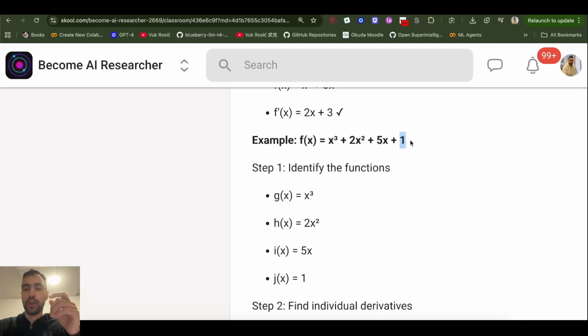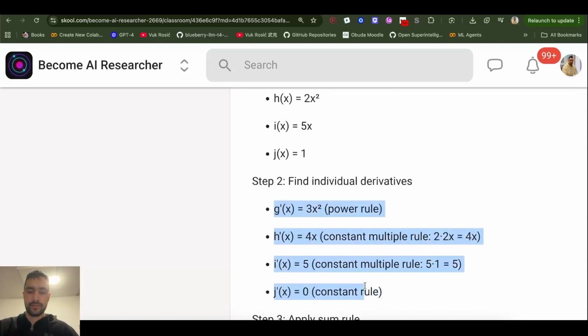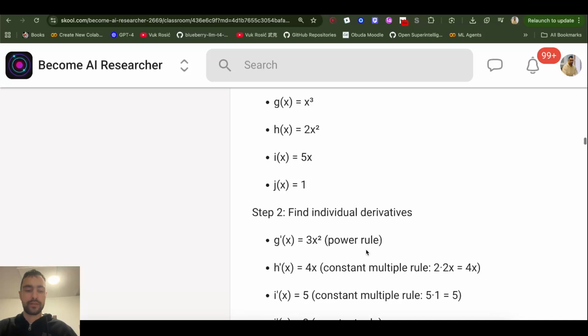But if the constant is alone, then it becomes 0. So this becomes plus 0. The derivative of a constant is 0. This just requires practice. It's actually quite easy. For me it's easy because I learned it, so for you it might seem impossible, like you'll never understand it, there are so many rules. It's so easy. There are like 2 or 3 rules.